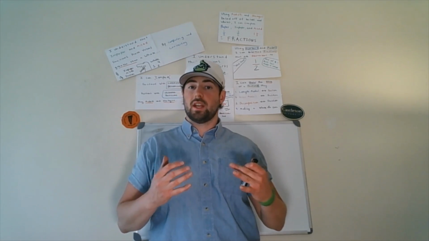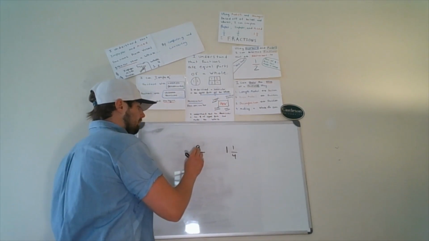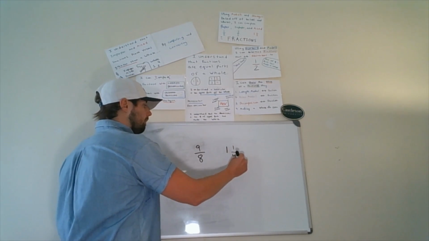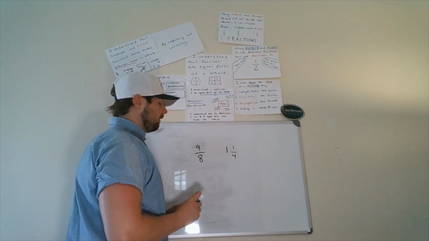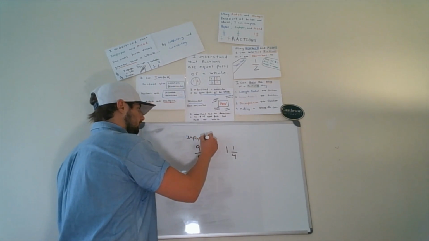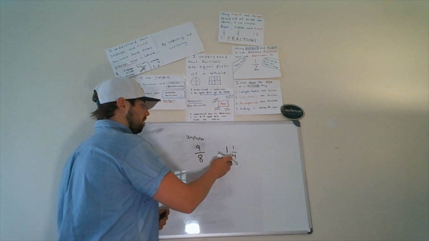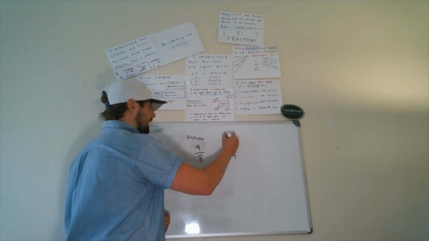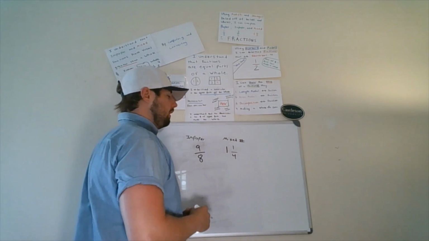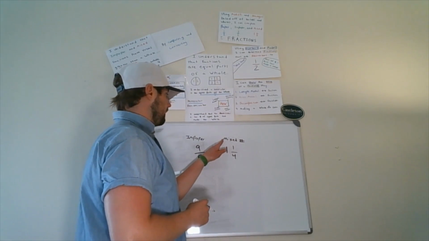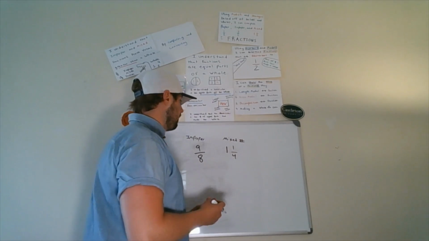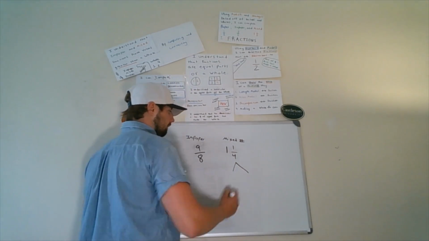Let's take a look at another example. Now I'm comparing 9/8 to 1 and 1/4. I first need to know, again, that this is an improper fraction and this is a mixed number. This time, let's convert this mixed number to an improper fraction to compare them. So, where do I start first?